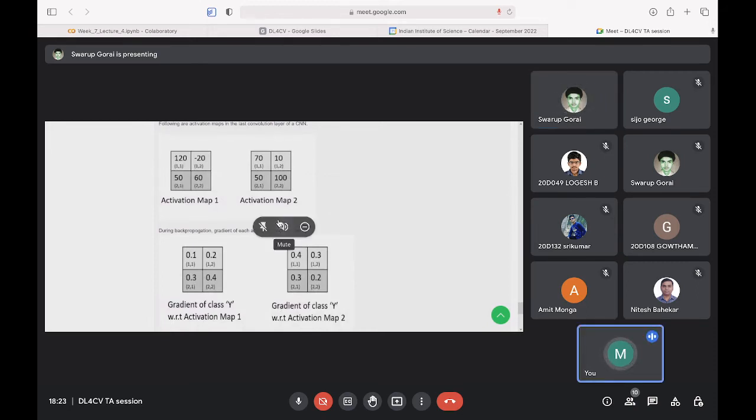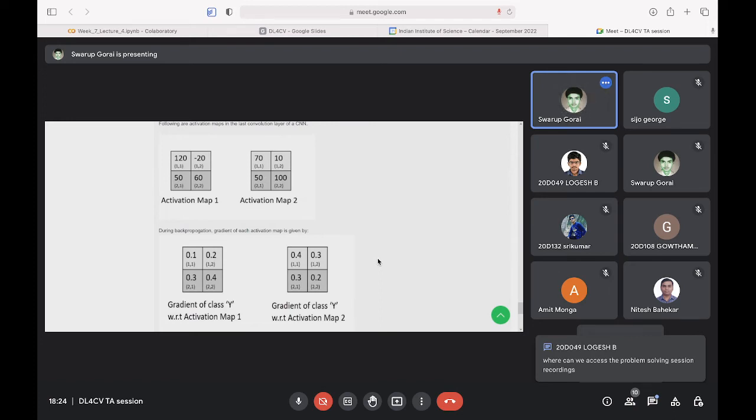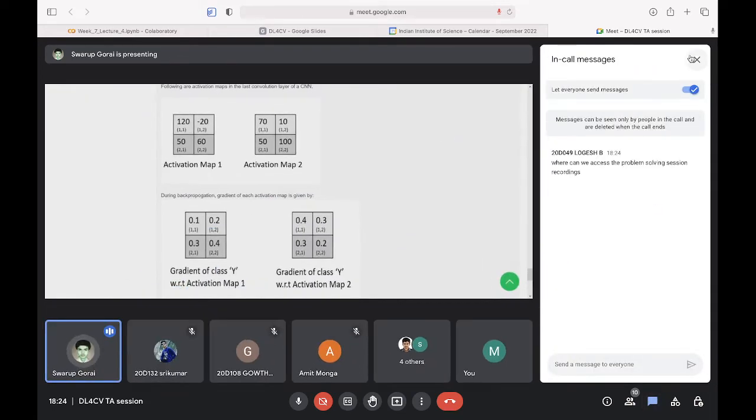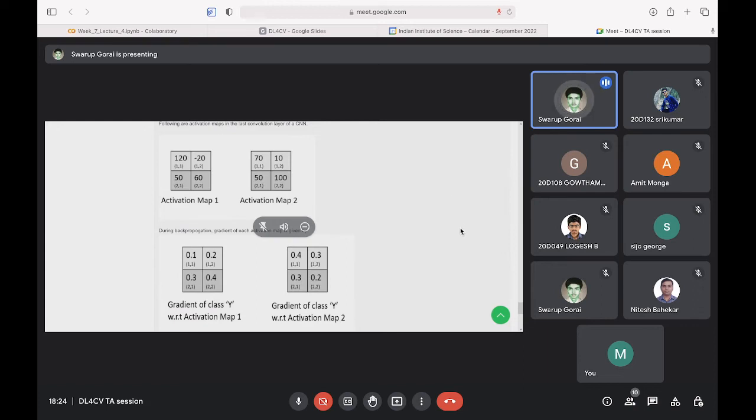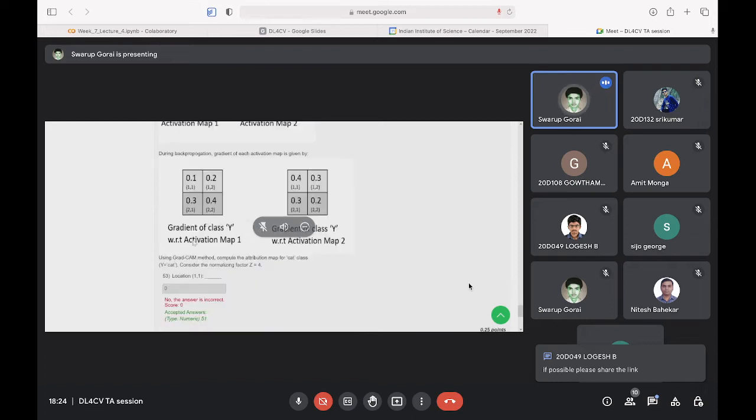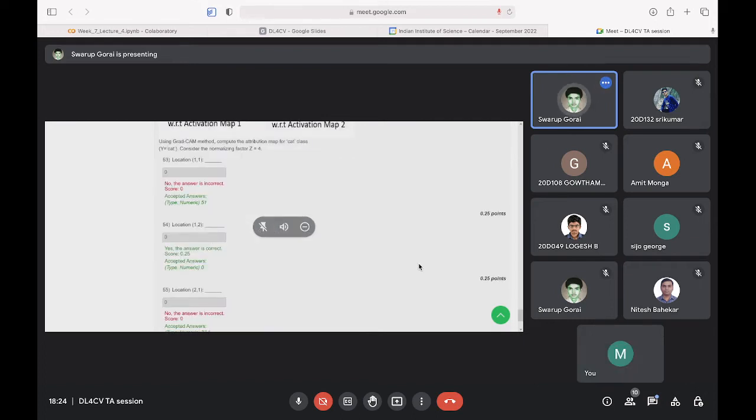You will get a 4x4 map if you do that. Plus 70 is 21, and the last one is 100, 0.3 into 100 is 30. So 21 plus 30, 51 should be the first. Fine, I got it.